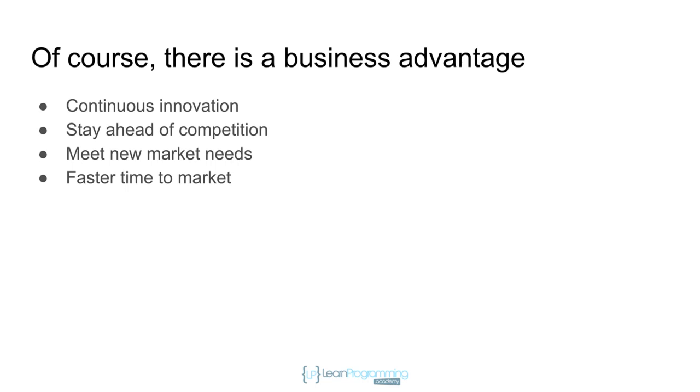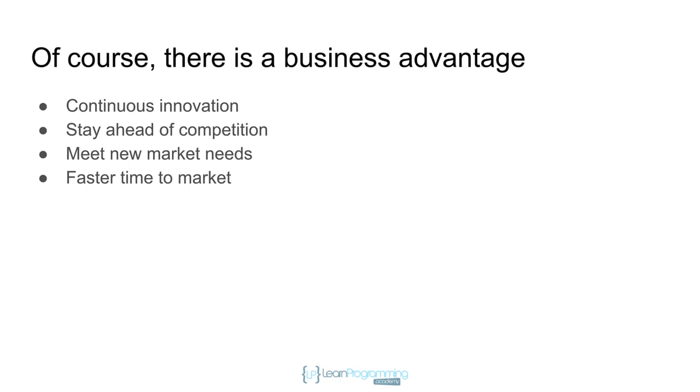And that continuous innovation may not be just the next amazing feature that the product team came up with, but also meeting new market needs. I already mentioned how users constantly want new features, and as soon as you hear about them, well, with a DevOps operation that is running smoothly, you can quickly deploy that new feature that meets those new market needs. And you're also going to be doing it faster.